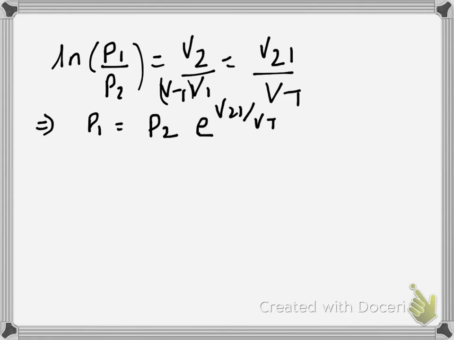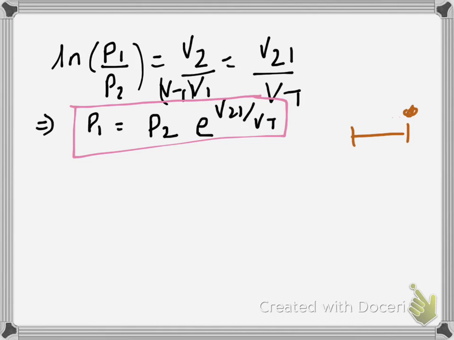This will be one of the important equations, very useful in understanding the transistor. It says that if you know the concentration at a particular point, and if you know the potential difference V21, you can calculate the concentration at another point.